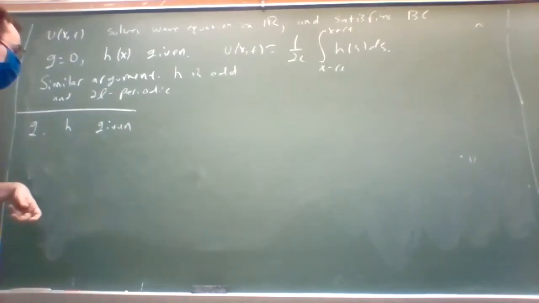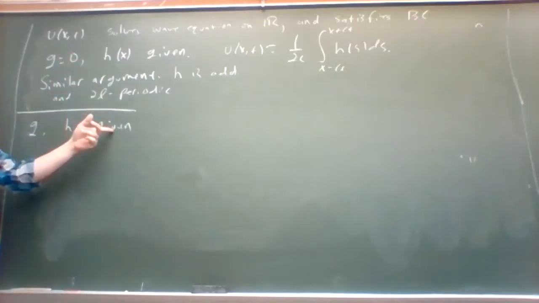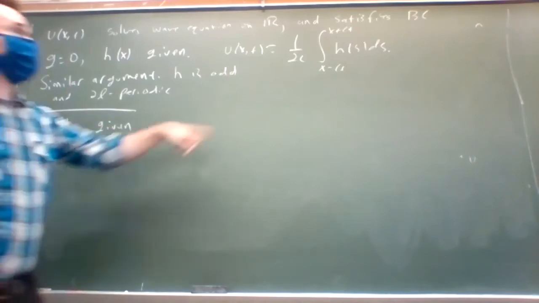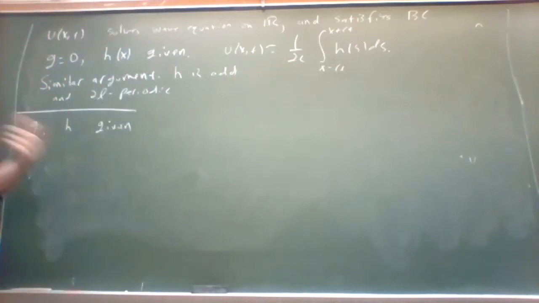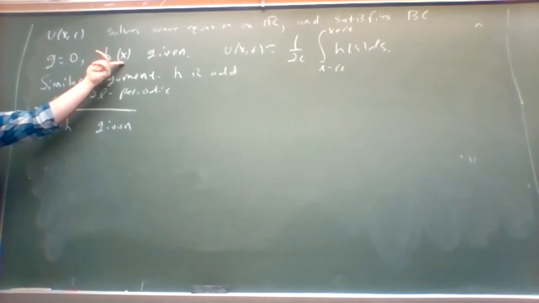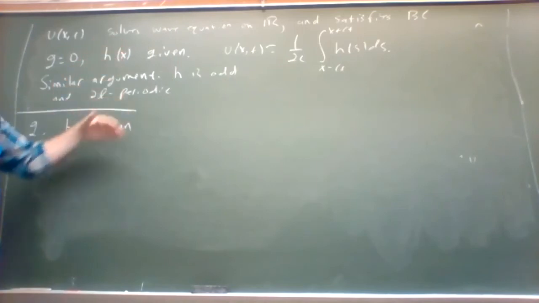I'm saying that if you take g and h given and try to redo my argument, it will not be successful because of another term here. That might make you frustrated because, strictly speaking, we've only proven this periodicity in a narrow circumstance. But because the wave equation is linear, this proof is enough to prove that even if g and h are given, they'll still have to be periodic.